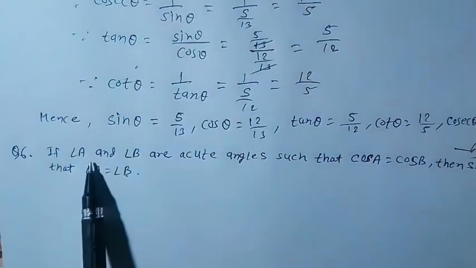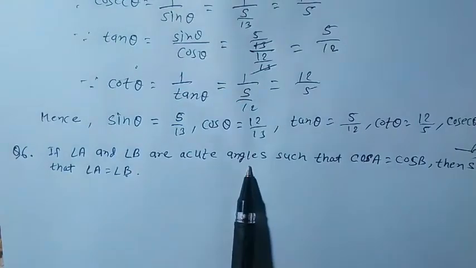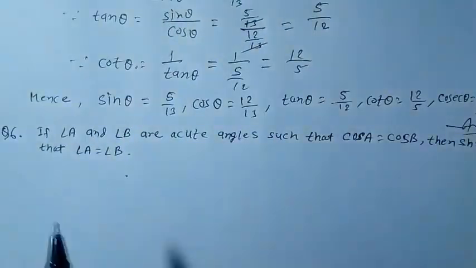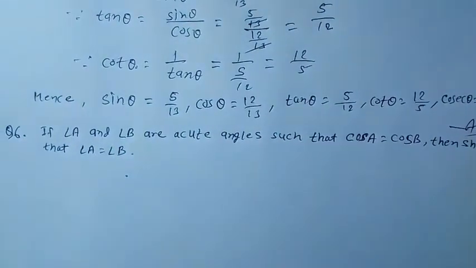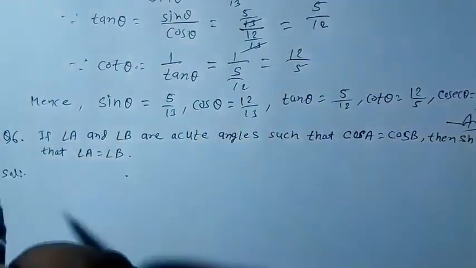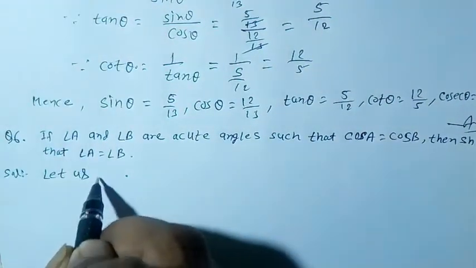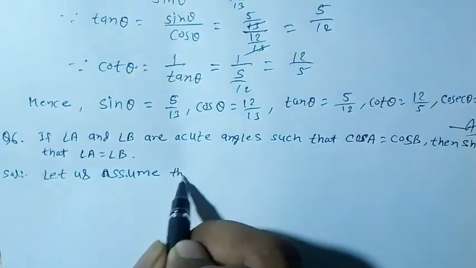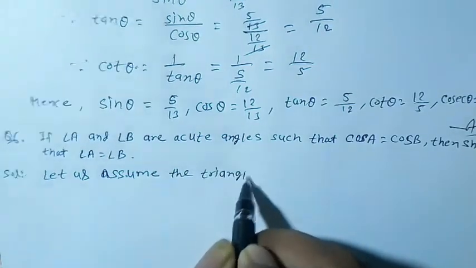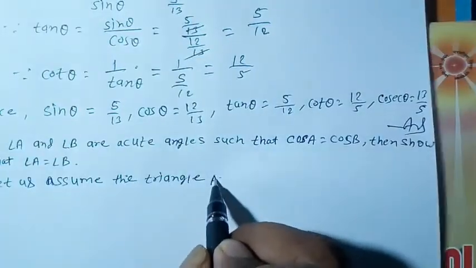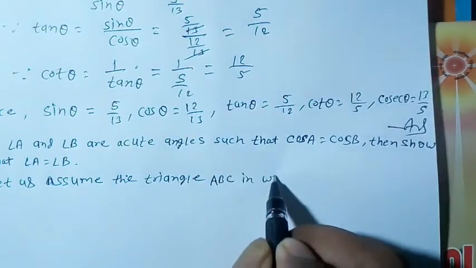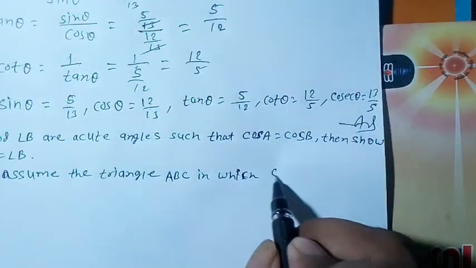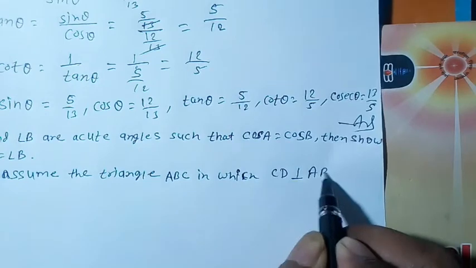Question number 6. If angle A and angle B are acute angles such that cos A is equal to cos B, then show that angle A is equal to angle B. Solution. Let us assume the triangle ABC in which CD is perpendicular to AB.